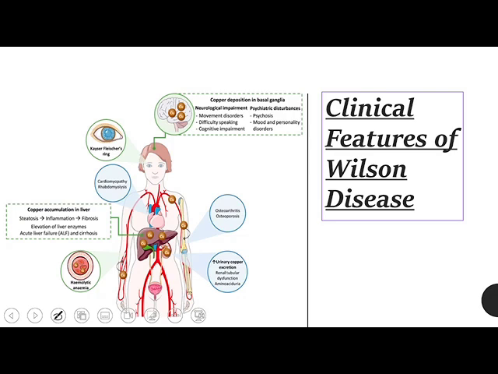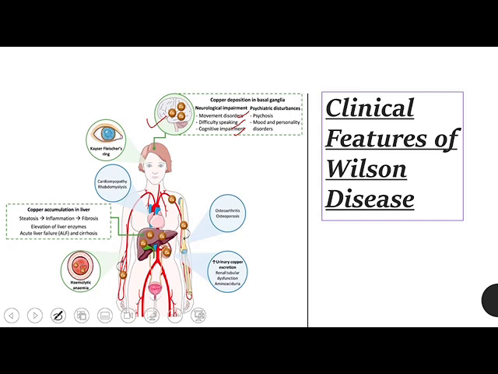For example, if that gets accumulated in the brain or in the basal ganglia, then it will lead to the manifestation of the various neurological disorders like movement disorders, difficulty in speaking, as well as cognitive impairment, and psychiatric disturbances like the psychosis, mood and personality disorders.